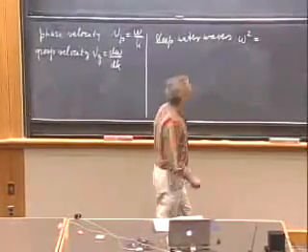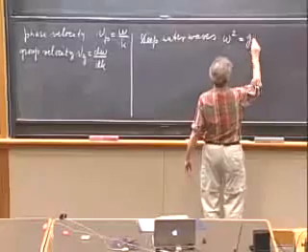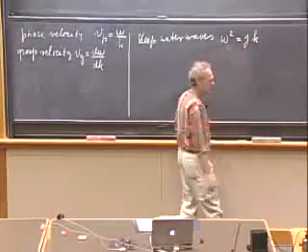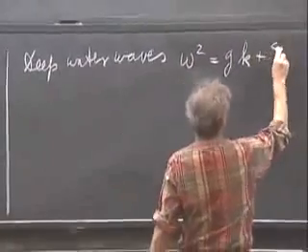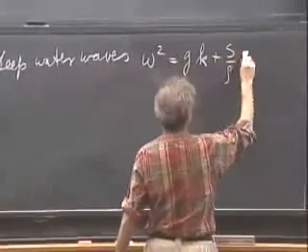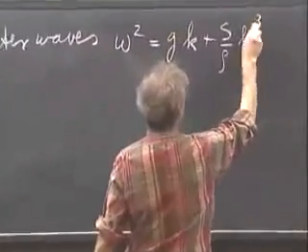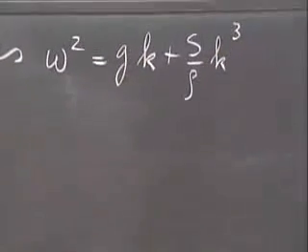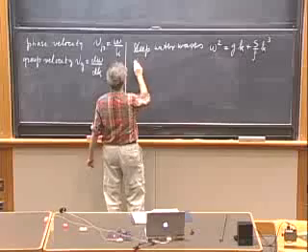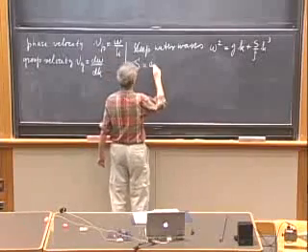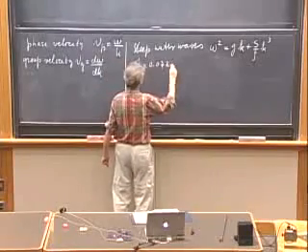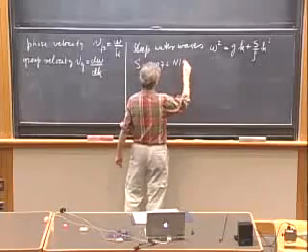omega squared equals gk, g is just the gravitational acceleration, plus S divided by rho times k to the power 3, and S is the surface tension, which is for water about 0.072 newtons per meter.